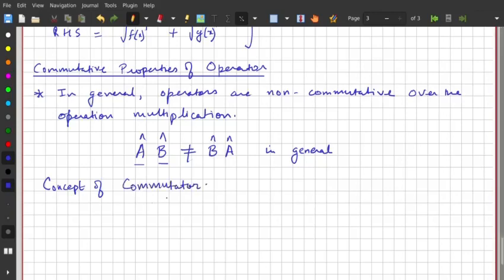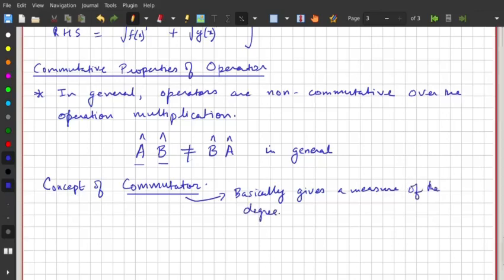What this commutator does is it gives a measure of the degree of commutativeness of two operators.